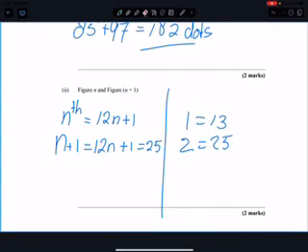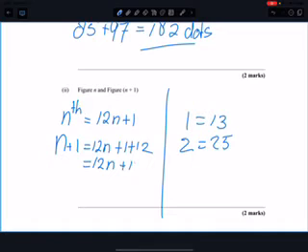So n plus 1 equals 12n plus 1 plus 12. So what is the n plus 1 term? 12n plus 13. That is the n plus 1 term.